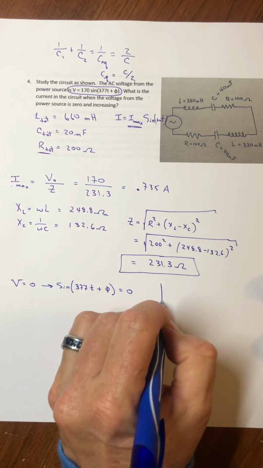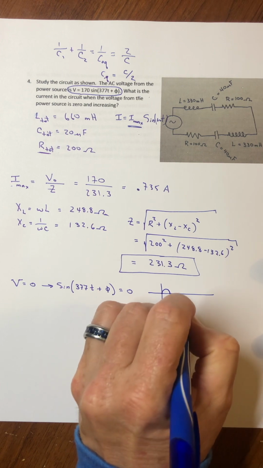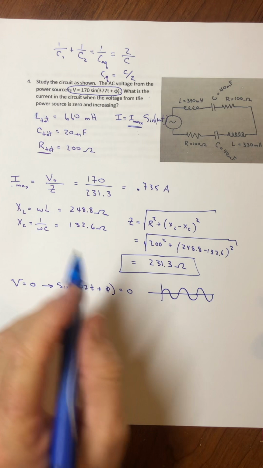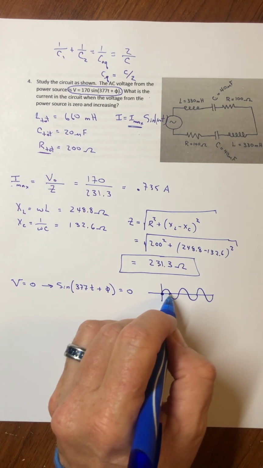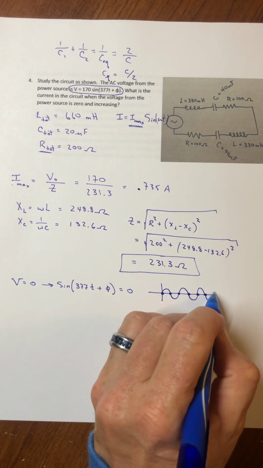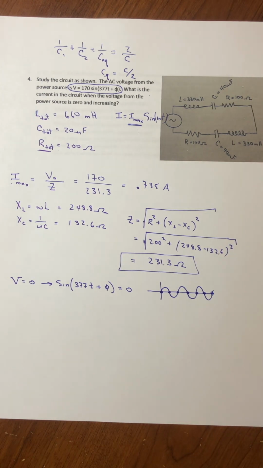And as we study our sine functions, you get 0 on the sine function when the argument is either 0 or pi or 2 pi or 3 pi or 4 pi or 5 pi or 6 pi. So any multiples of pi.